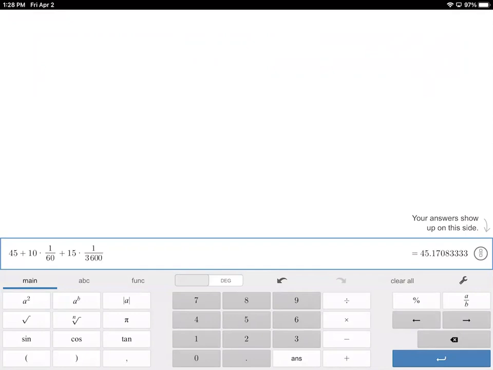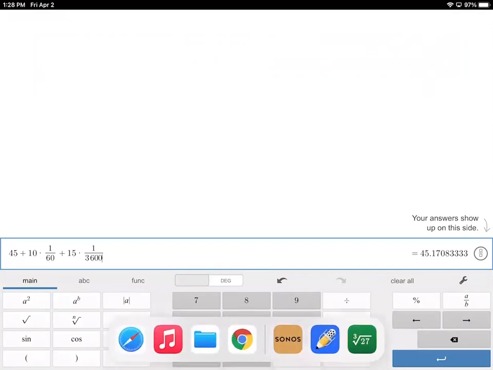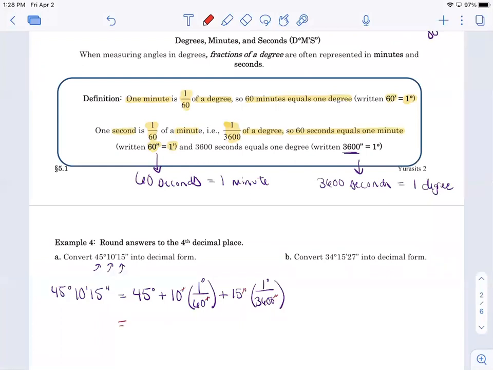Now this actually goes on. Desmos is only displaying so many places. So we want to round, and I believe our notes want us to go to the 4th decimal place. So I would say this is 45.1708 degrees.